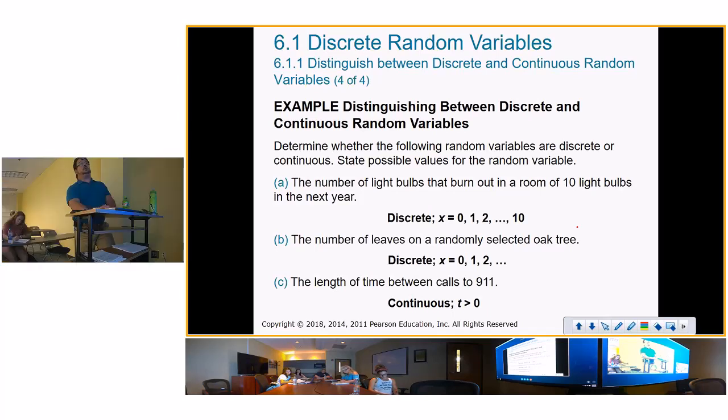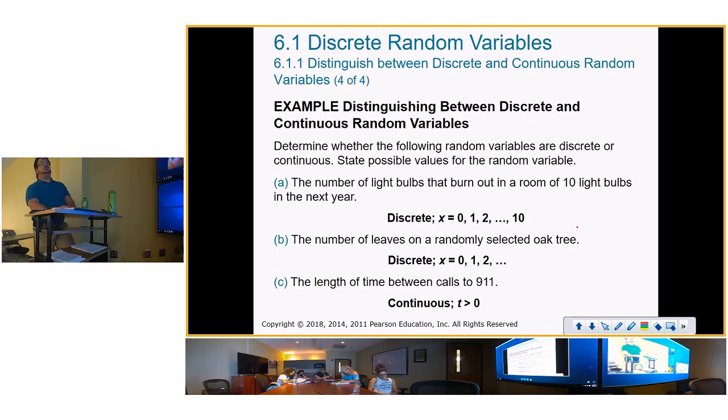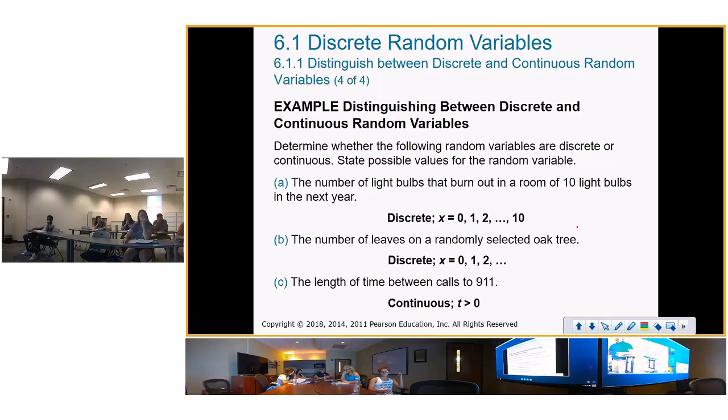Distinguish between discrete and continuous. Determine whether the following random variables. The number of light bulbs that burn out in a room of 10 light bulbs in the next year. Well, that's discrete. Think of light bulbs as eggs. And what's the number one example of discrete that I gave you in Unit 1? Eggs. Because you can what? Count them.